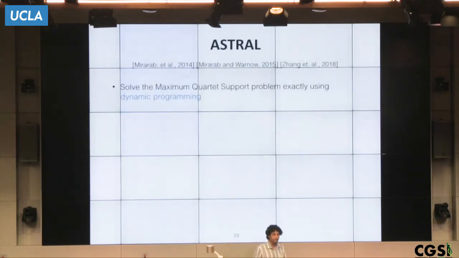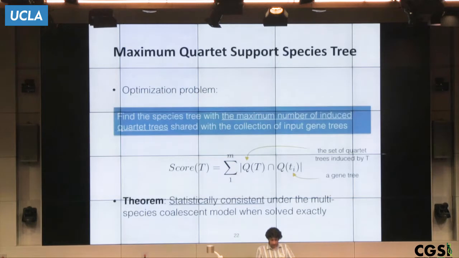Okay, so what was M? M was the number of gene trees, and I'm going to change my notation very quickly. I goes from 1 to M, and T sub I is one gene tree.